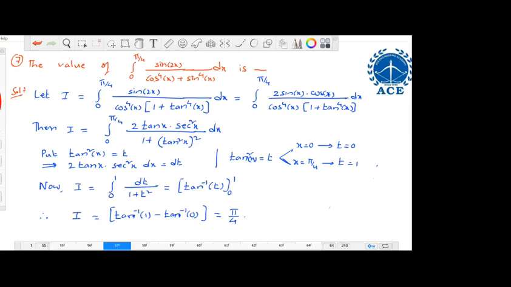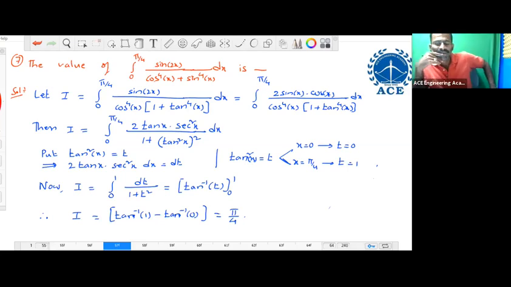Sir, here, if we do not get the idea, like we need to take cos power 4 outside, is there another method? No, just first we check it out. Just by looking directly at this function, if we get any idea, we can do it. If you don't have any idea, then we use the substitution method.